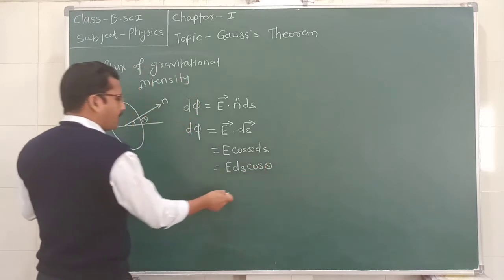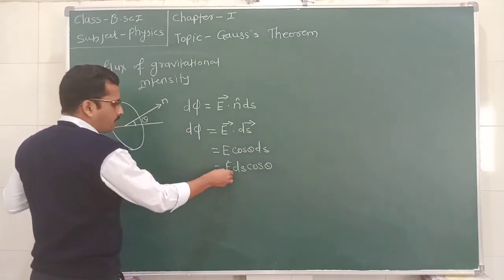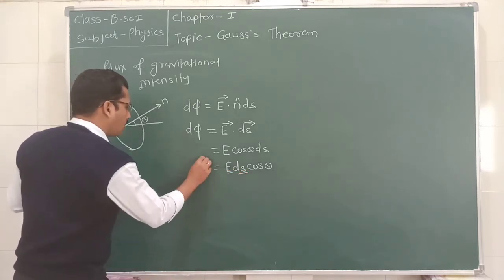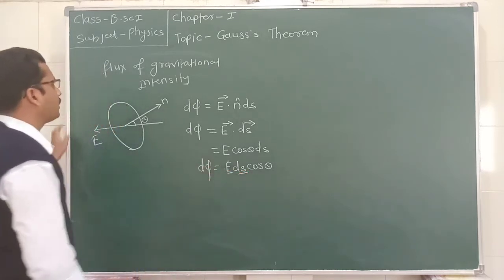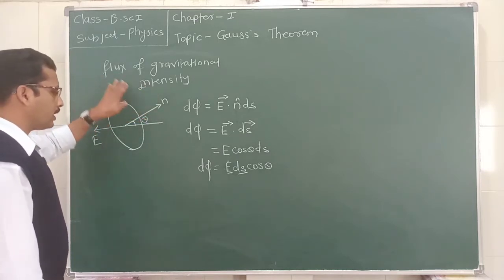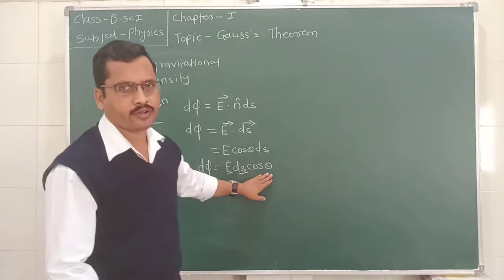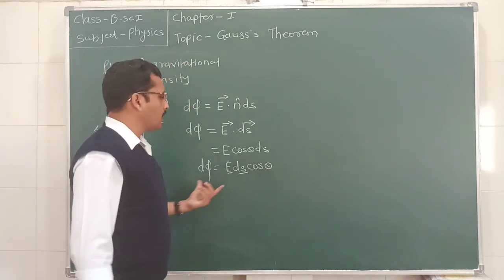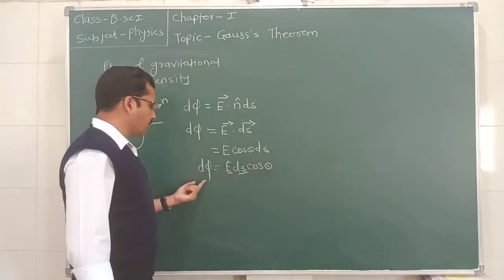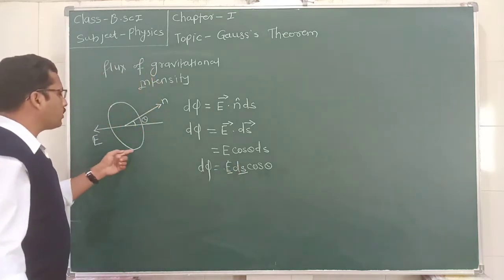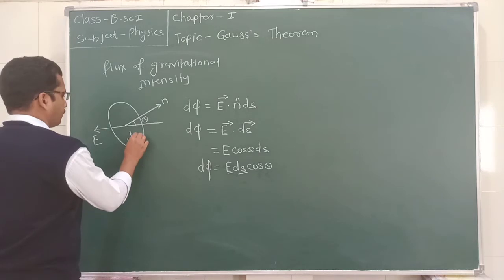What is theta? Theta is the angle between vector E and vector ds. So the gravitational intensity flux is d phi is equal to E ds cos theta. By using this equation we can find out the value of flux which is passing through the given surface ds.